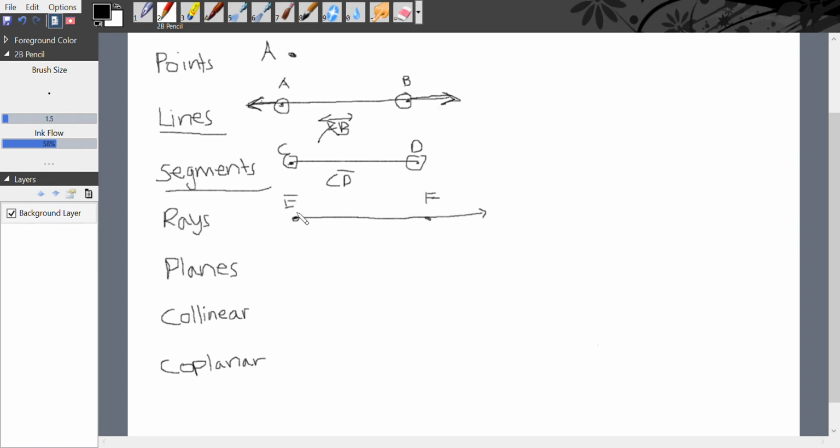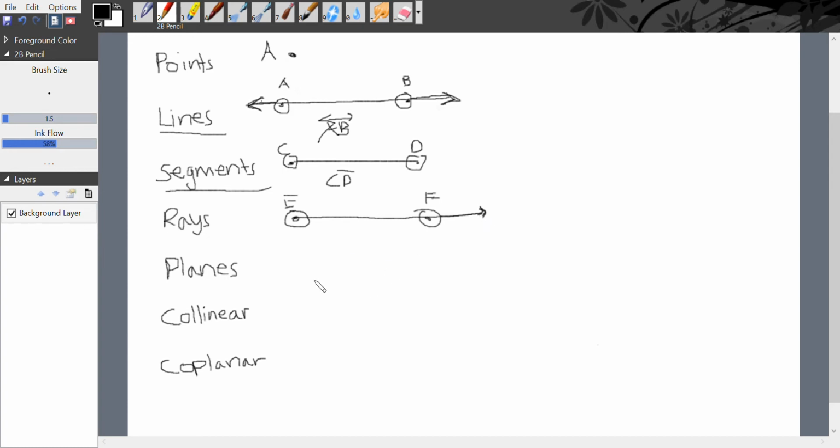And it stops at point E as demonstrated here. However, when it reaches point F, it goes on indefinitely, as represented by the arrow here.